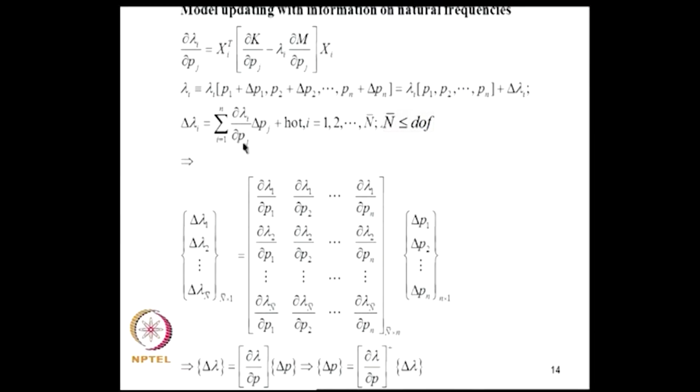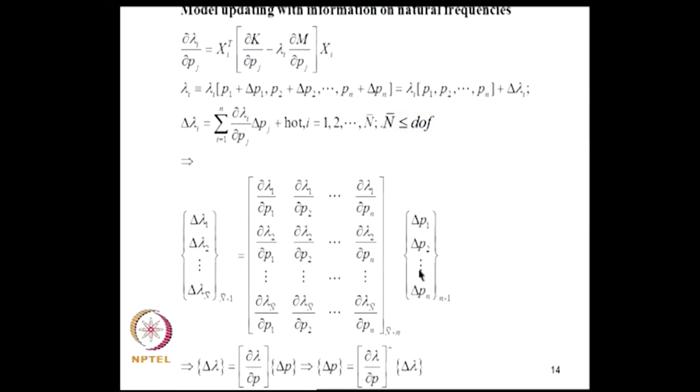So, now we have derived this expression for ∂λi/∂pj. So, this I have to use for the first, second and nth eigenvalues. You may use the first 3, first 10 or whatever, it will typically be less than the number of DOF of the system. We can assemble all these matrices in this form and we get this equation. So, each term in this matrix needs to be evaluated using this formulation.